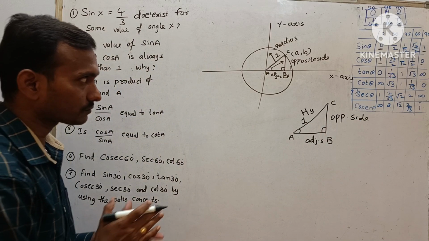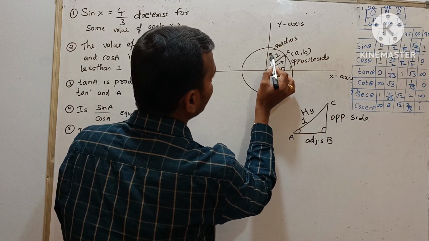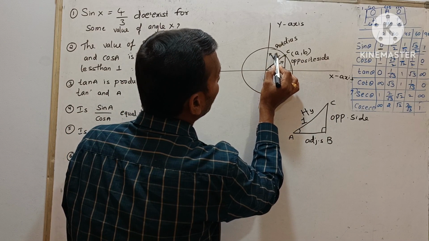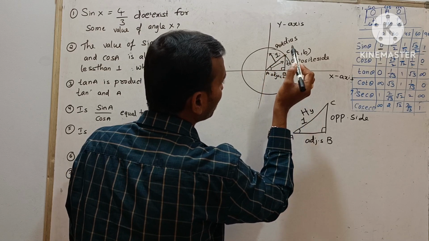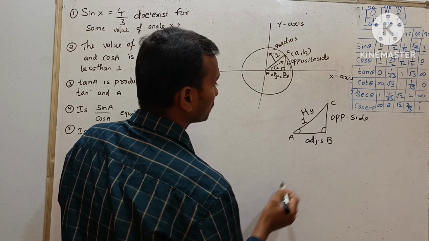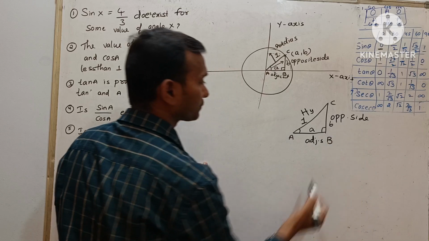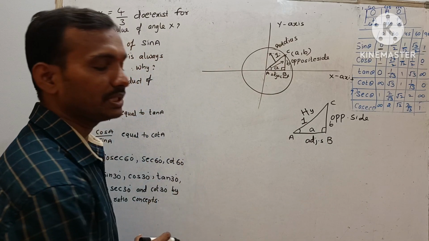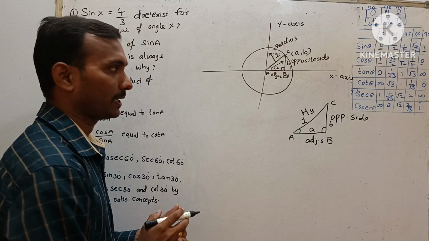Now you see here, we have taken a point (a, b), at a height of b. This becomes b and this becomes a, the x coordinate and y coordinate. Now BC is nothing but small b, and the adjacent side is small a.